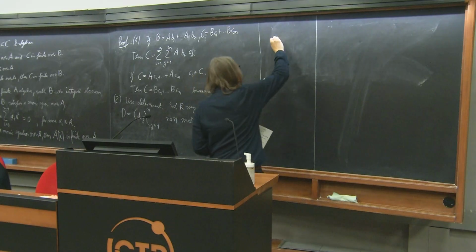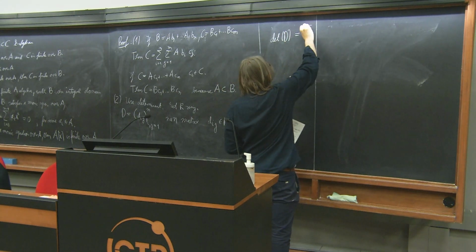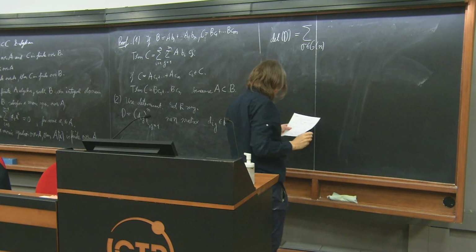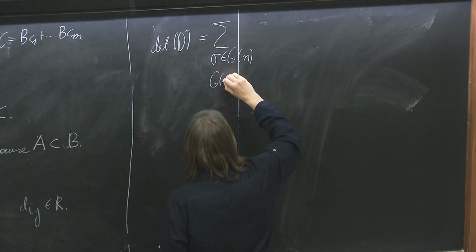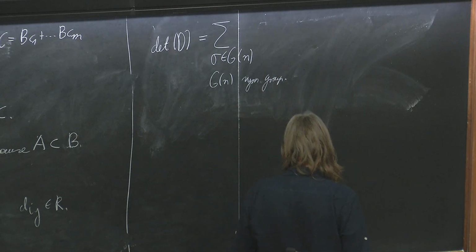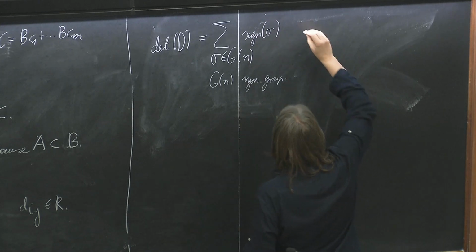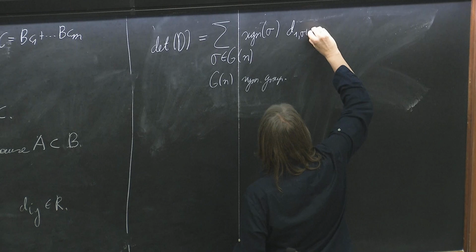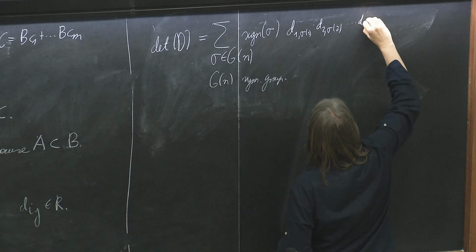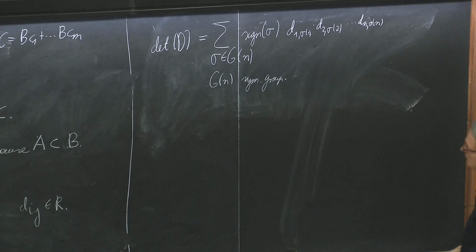So the determinant of D can be written, for instance, as the sum over all permutations, so we have the sign of the permutation times D1σ(1) times ... one way how one can write the determinant.